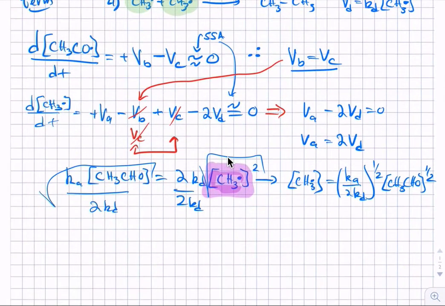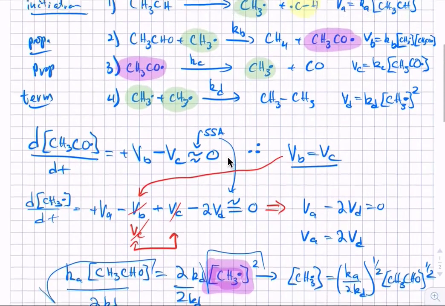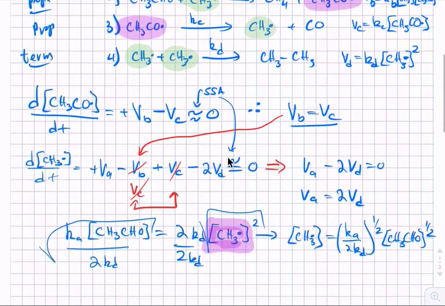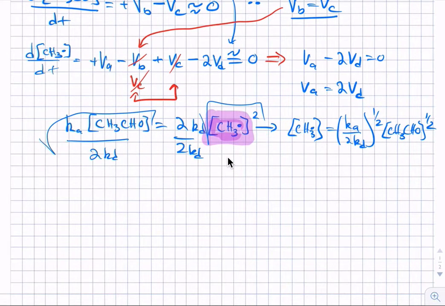in this particular case. So let's now ask the question, how can we describe the overall rate of reaction for this reaction? Let's focus on methane, and calculate the rate of production of methane using this multi-step reaction. If we come back down, let's write the derivative of methane with respect to time.